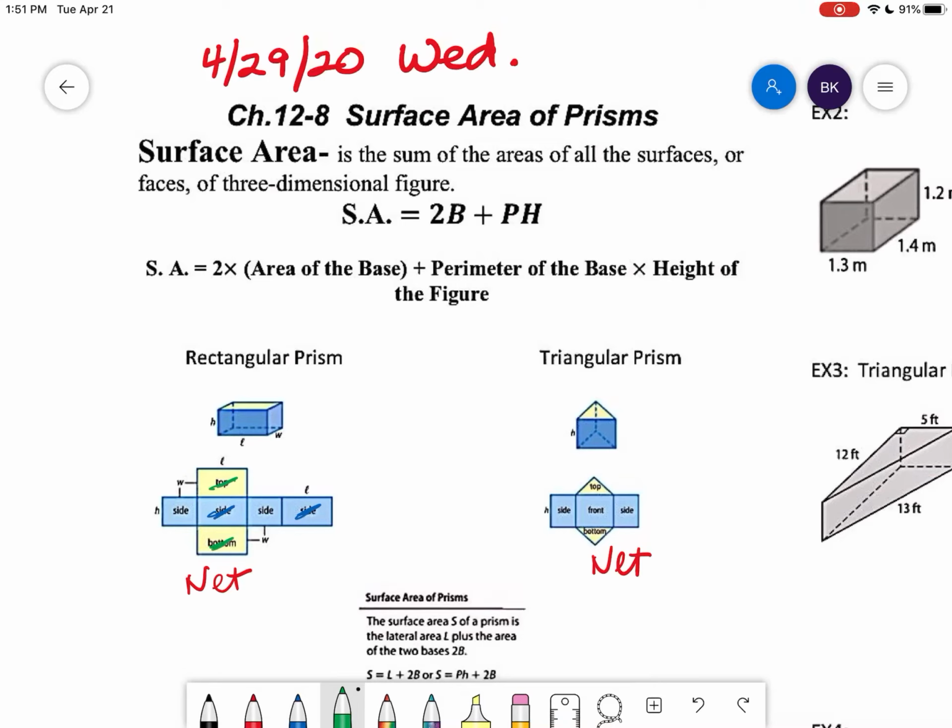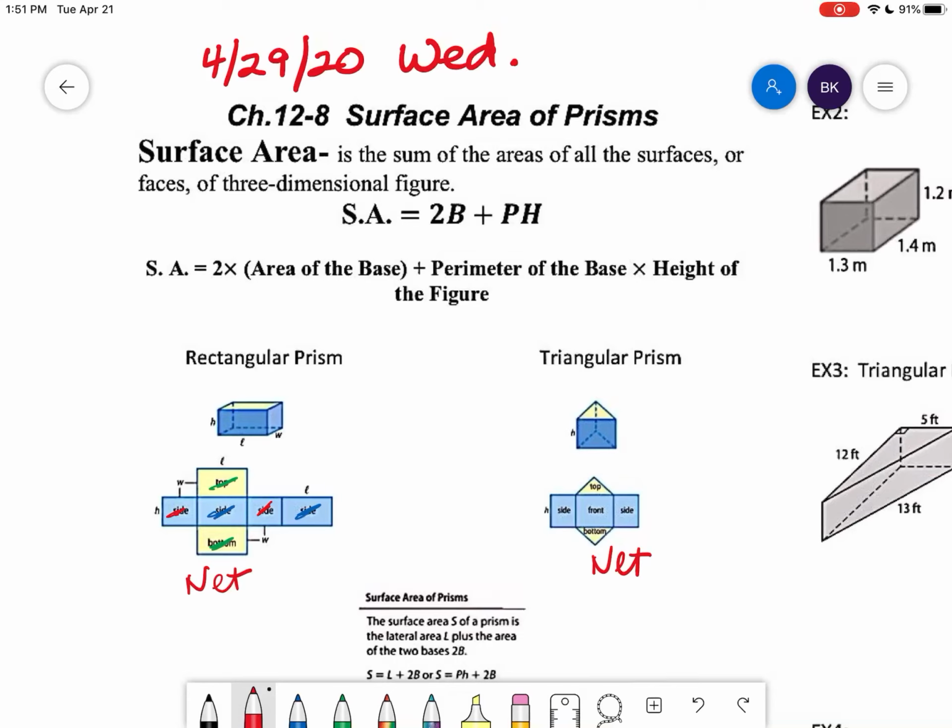Top and bottom are the same, and then these two sides are the same. So we found the areas of these and then added them together, and if you recall, we called it front and back, top and bottom, side, left and right. I believe that's what we used to find the surface area.